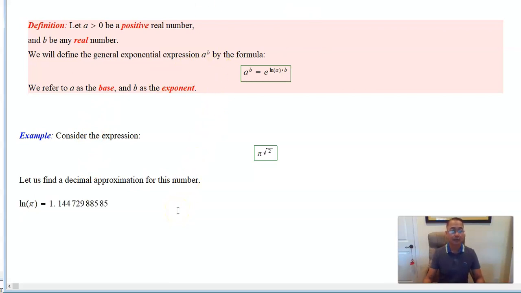Now we multiply by square root of 2, so ln of pi times square root of 2. That will be approximately, and I apologize that that is a hard equals sign when it should be an approximation.